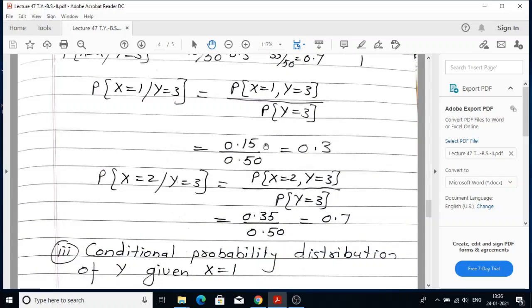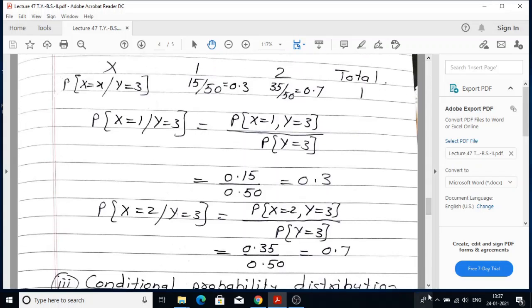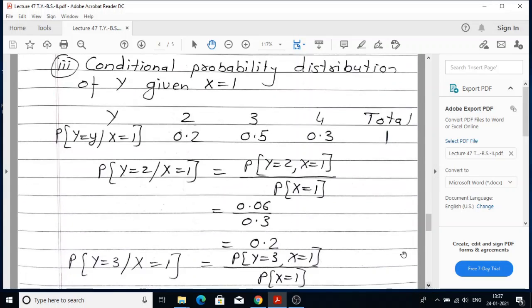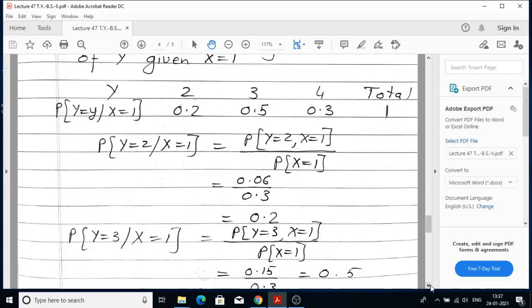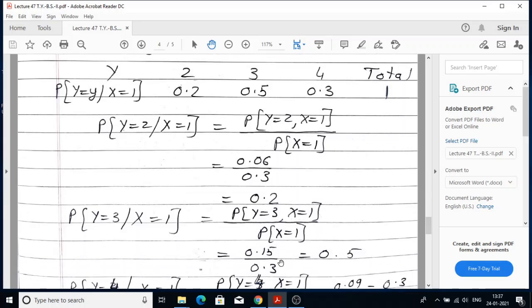So 0.15 divided by 0.3, the answer is 0.5. So y is equal to 3, given x is equal to 1, the probability is 0.5.